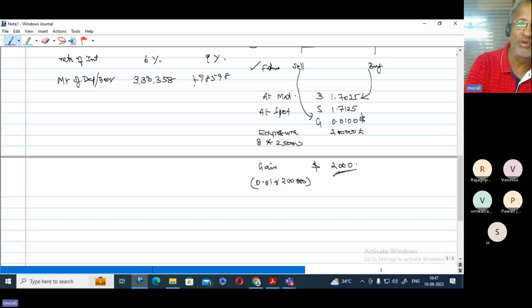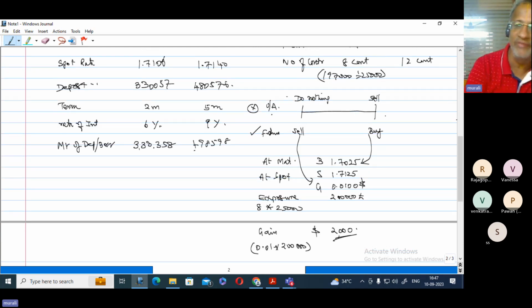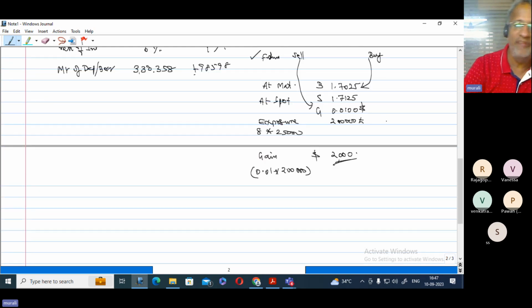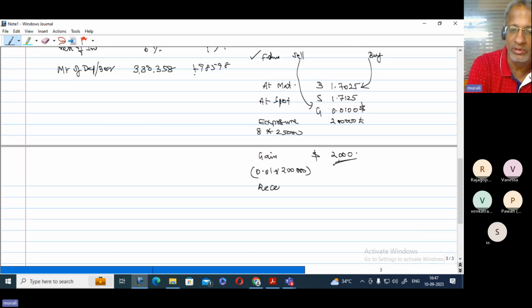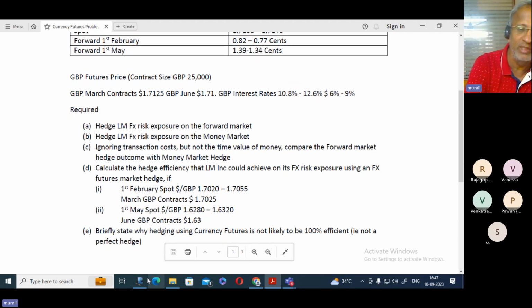Now let us see what we will be doing with the underlying on the date of maturity. On the date of maturity, we will receive dollars at the rate of 1.7020. We have already fixed in our mind that for receivables it is the bid rate, and our exposure is known to us, that being 197,000.